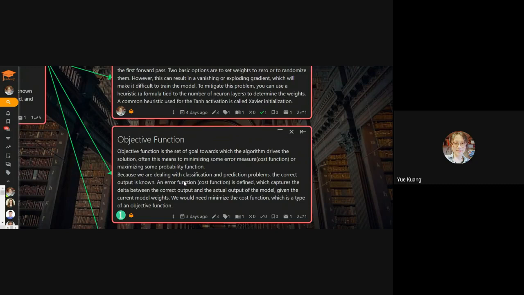Because we are dealing with classification and prediction problems, the correct output is known. An error function is defined which captures the delta between the correct output and the actual output of the model, given the current model weights. We would need to minimize the cost function, which is a type of objective function.